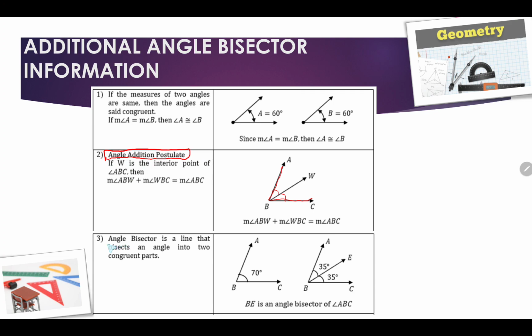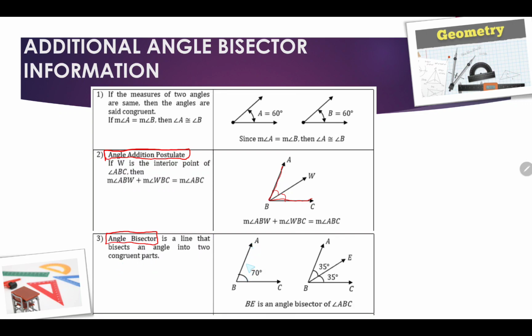Number 3, angle bisector. What is an angle bisector? It is a line that bisects. Bisect tu maksudnya membahagikan secara sama an angle into two congruent parts.